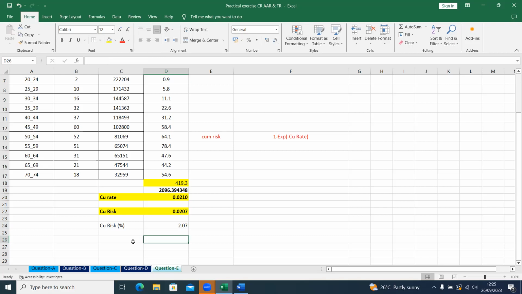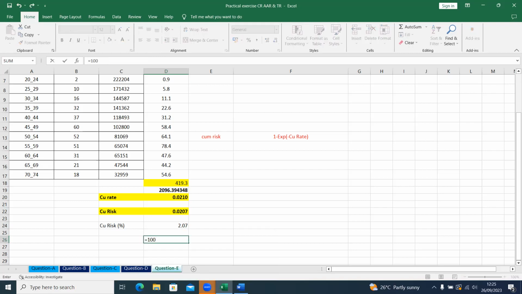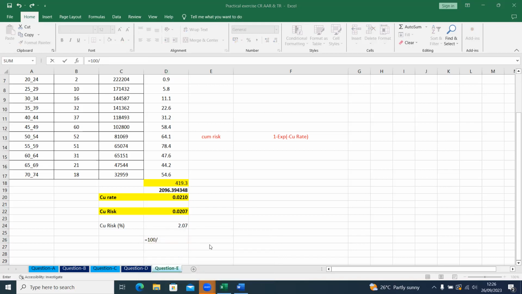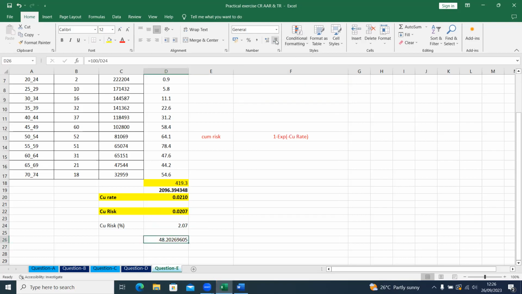And how will we get the 1 in how many percent developing cancer? 100 divided by the percentage of cumulative risk. 48. So 1 in 48 have the risk of developing cancer.